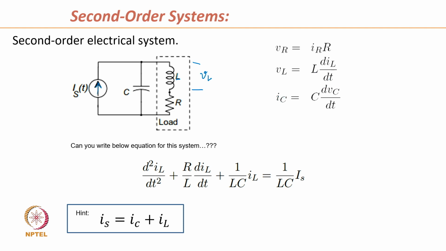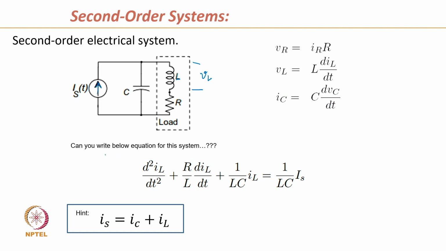Current through a capacitor is given by C dVc by dt, where C is the capacitance of this capacitor and Vc is the voltage across the capacitor buildup, divided by dt.